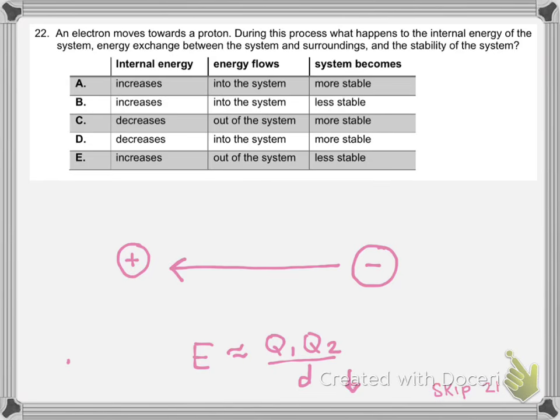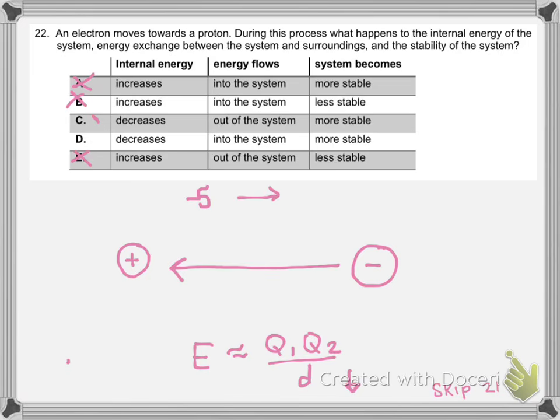And so that means that our internal energy is going to decrease. And that energy is going to flow out of the system because maybe at first our potential energy had a value of like -5.